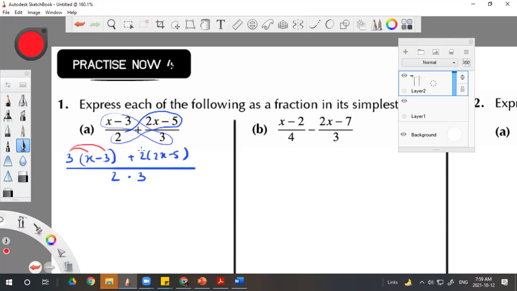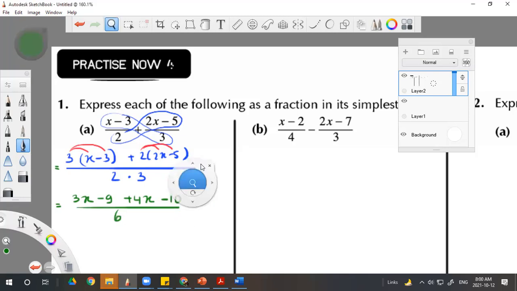Here, rainbow. Another rainbow, right? So I put the rainbow first, and then put equal. 3 times x is 3x. 3 times negative 3 is negative 9. Plus 2 times 2x is 4x. Plus 2 times negative 5 is minus 10, over 6. Right? And then what next?